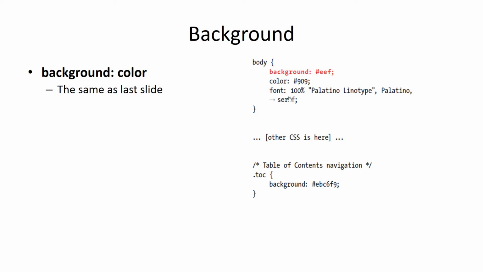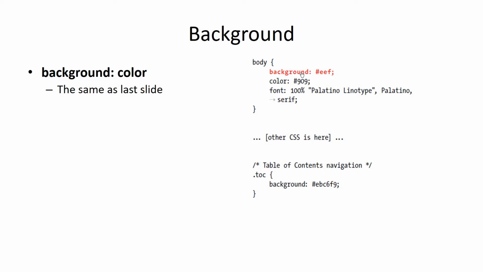Okay, we can also change the background of text. So we can change the background to a particular color. Here the property is background and the value is color. The way of specifying color is the same as the last slide. You can use a color name, RGB values, or hexadecimal numbers. Okay, so here is an example.